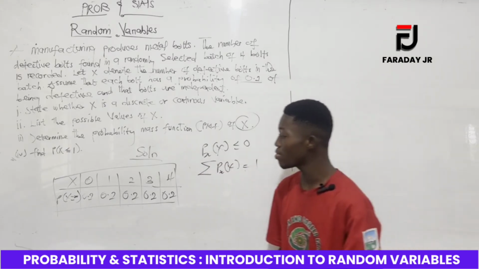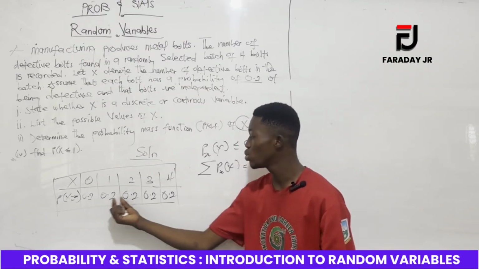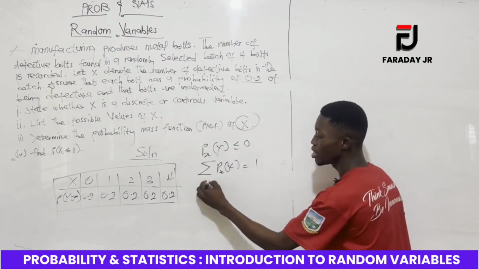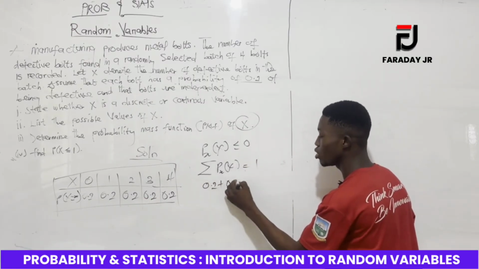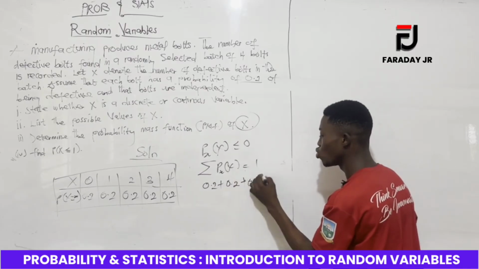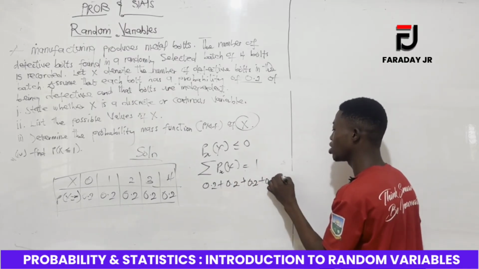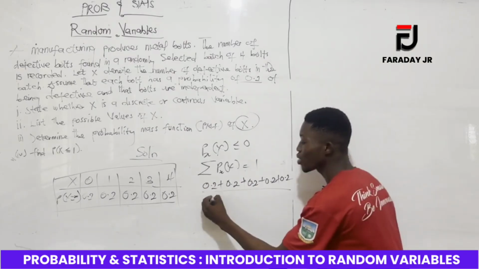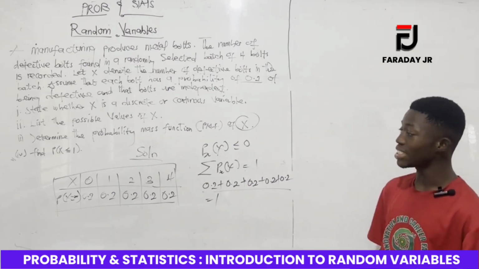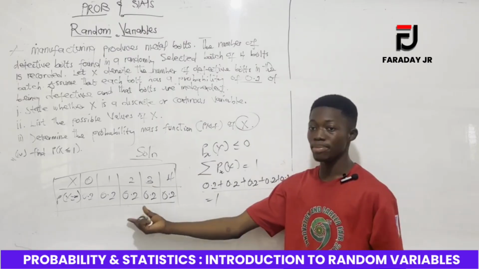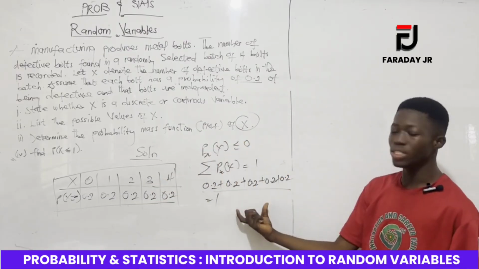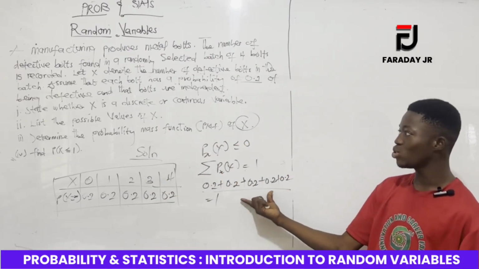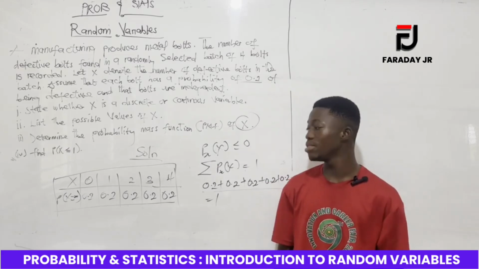Here we have 5 events, so 0.2 plus 0.2 plus 0.2 plus 0.2 plus 0.2. When you add 0.2 five times, you get 1. This tells us that our solution is correct because it satisfies all the conditions for a function to be a probability mass function.